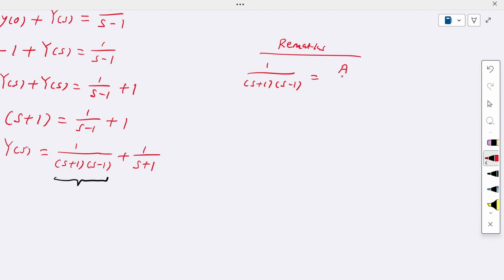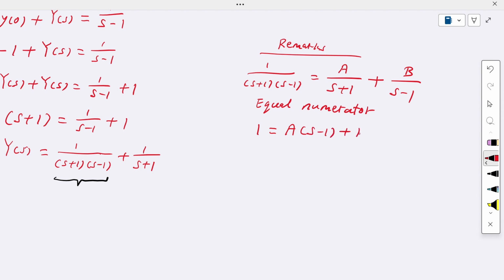This is equal to a over x plus 1 plus b over x minus 1. Okay, we have to find a and b, so we're going to equate the numerators. So we have 1 on the left. This is a times (x minus 1) plus b times (x plus 1).